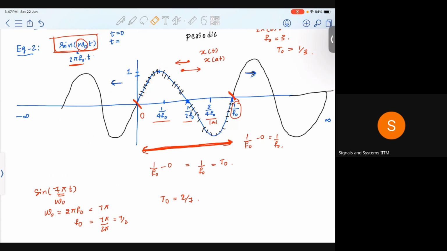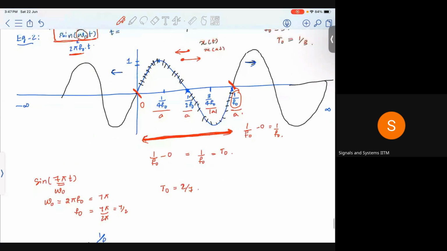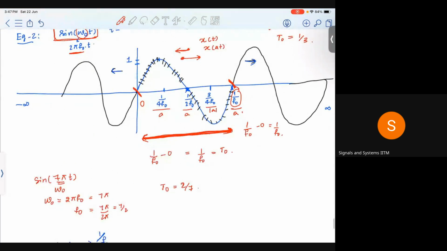So when you see the time difference in between this constant part, even that difference gets affected by a. If a is negative, the sign gets varied.